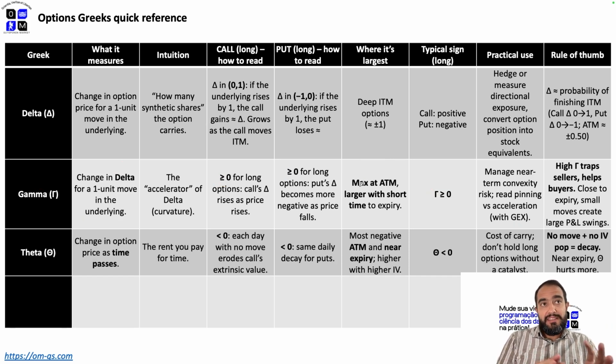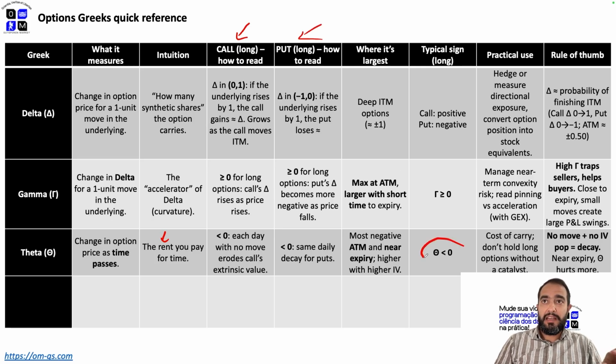The other one is the theta. That is the change in the option price as the time passes by. It is like the time decay, or the rent you pay for the time that you are positioned in the option. It doesn't matter if it's a call or a put option.